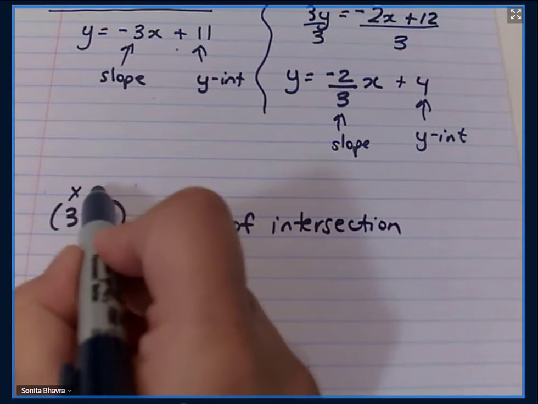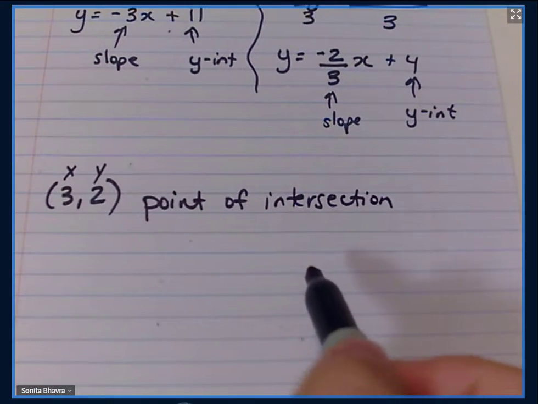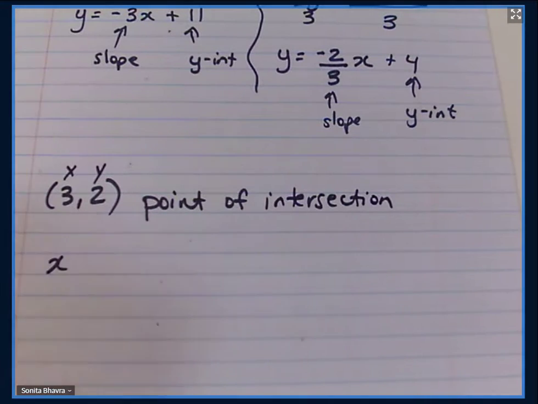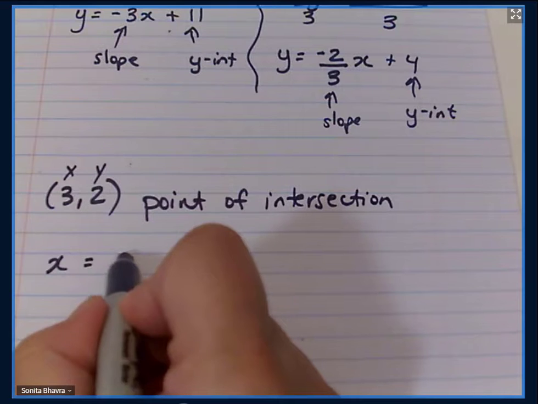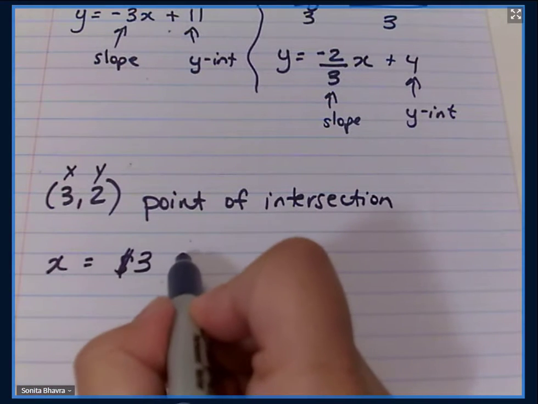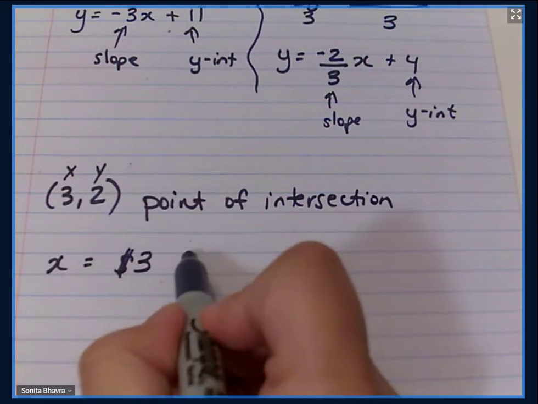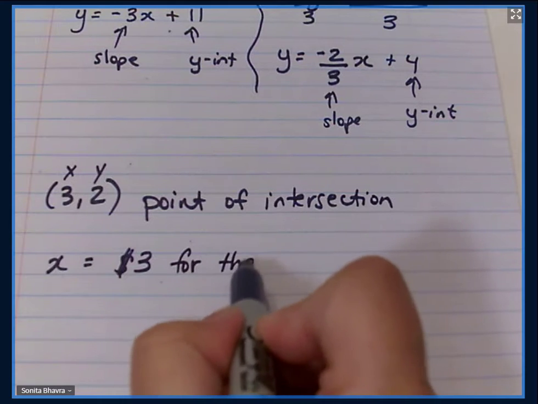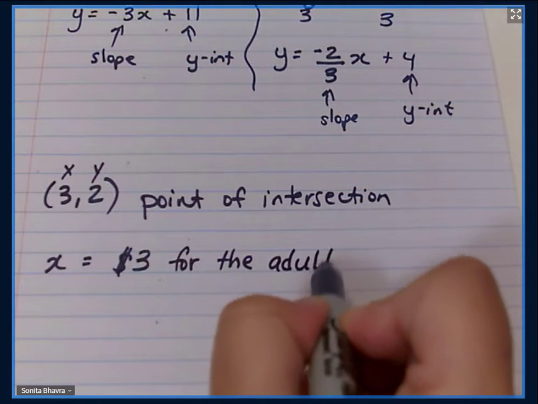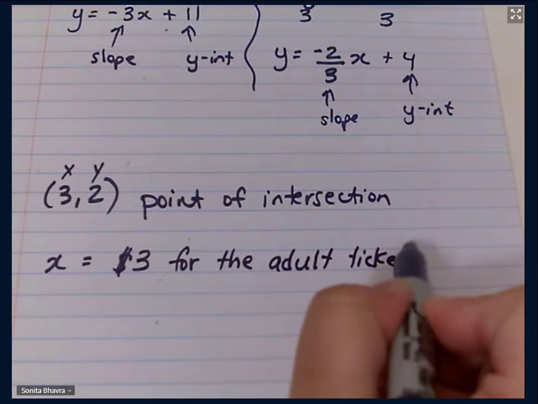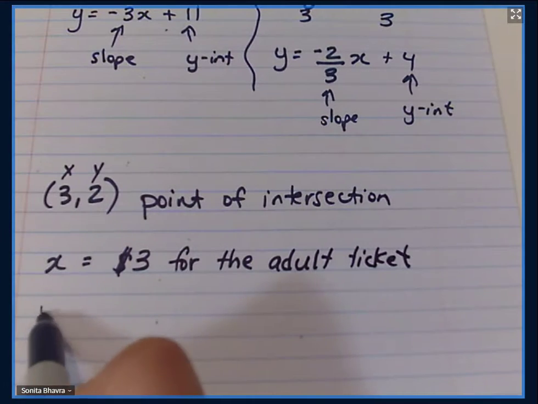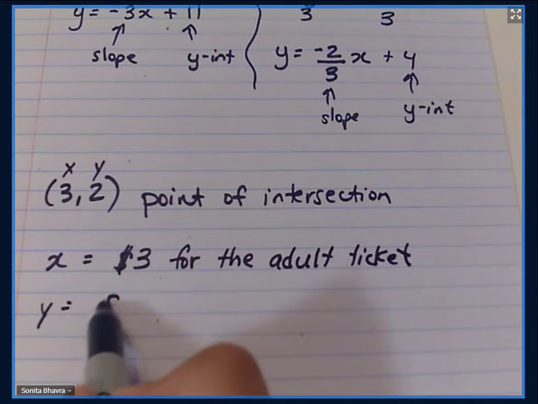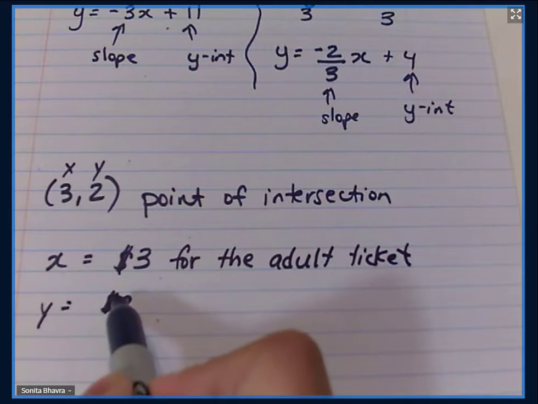This is our x, this is our y. Since x represented the cost of an adult ticket, it is $3 for the adult ticket, and our y value is equal to 2, so $2 for the child's ticket.